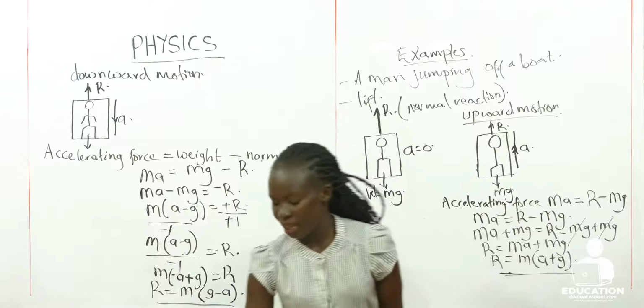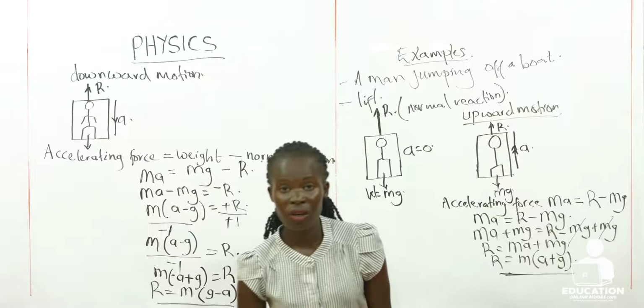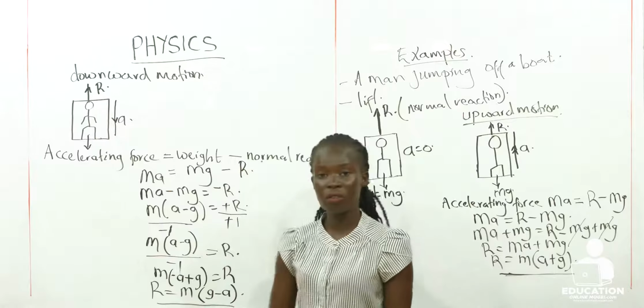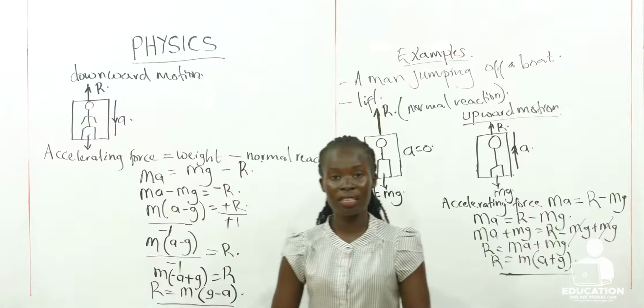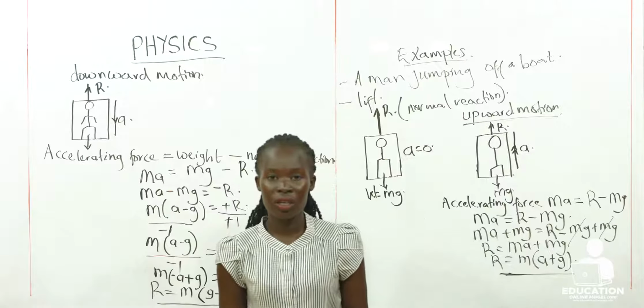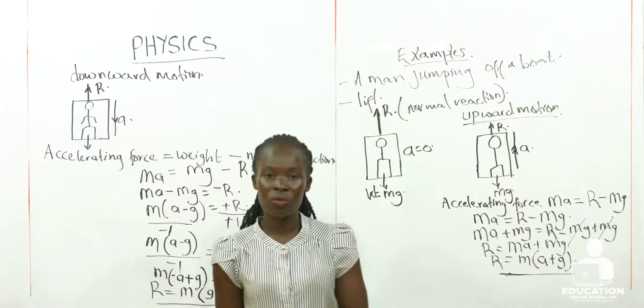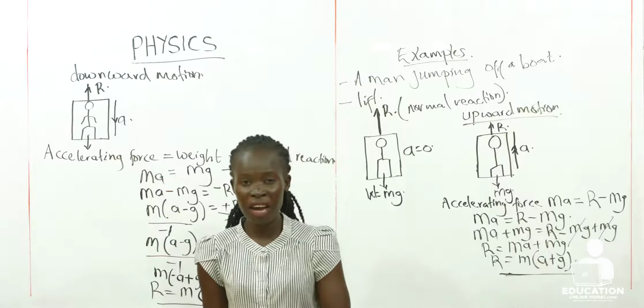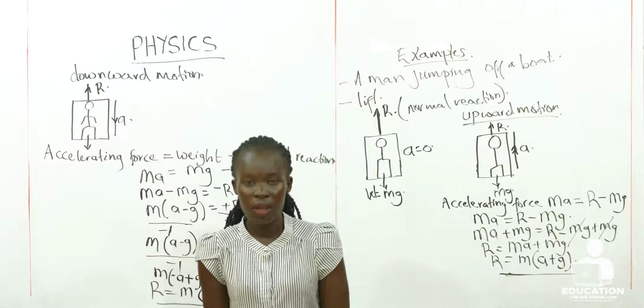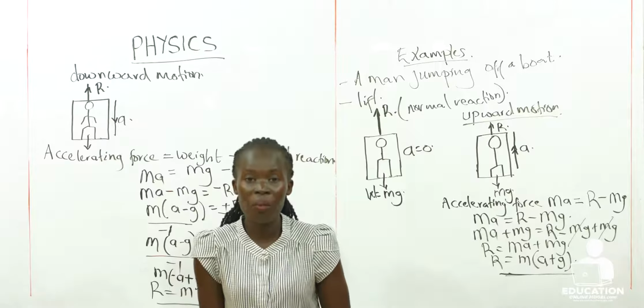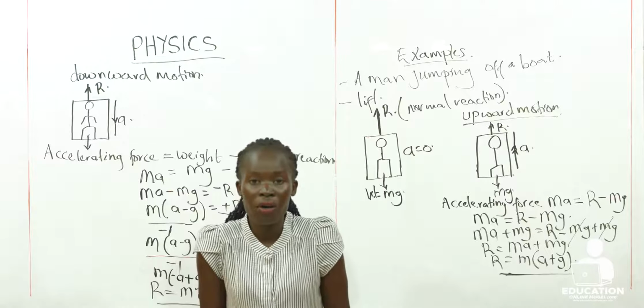So these are some of the explanations if you want to use Newton's third law of motion, which says that the reaction is equal to the action. For every action you take, there will always be an opposite but equal reaction.